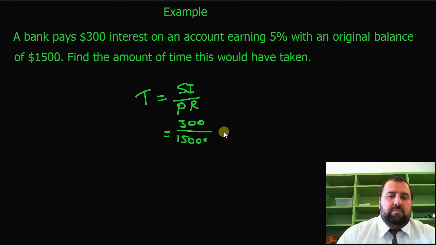Now remember that the rate being 5%, I need to write it as a decimal, so 0.05. So 300 divided by 1,500 times 0.05, and the answer comes out to be 4. Now I know that that 4 is in years, so I'm going to write 4 years. Remember that the time is always in years.